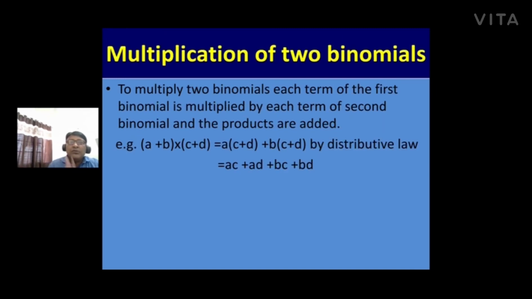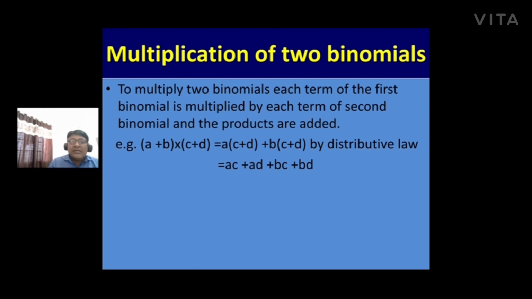Now, how to multiply two binomials? To multiply two binomials, each term of the first binomial is multiplied by each term of the second binomial, and the products are then added. Suppose you want to multiply a plus b and c plus d. So multiply each term of c plus d with a and with b and then add.